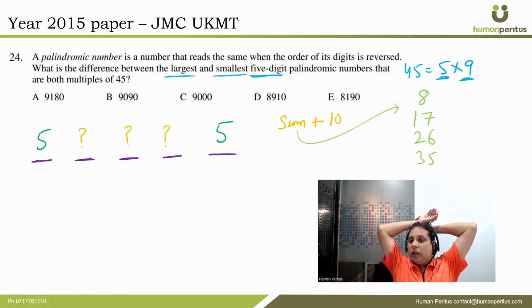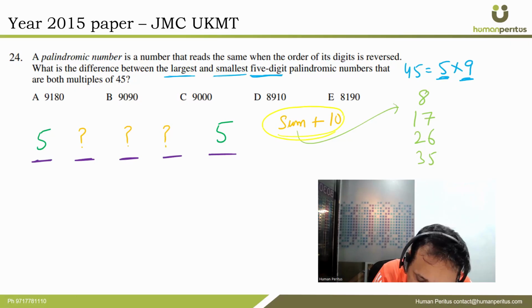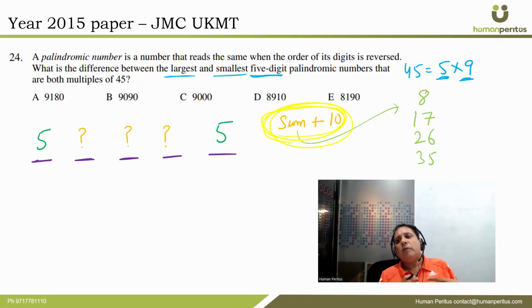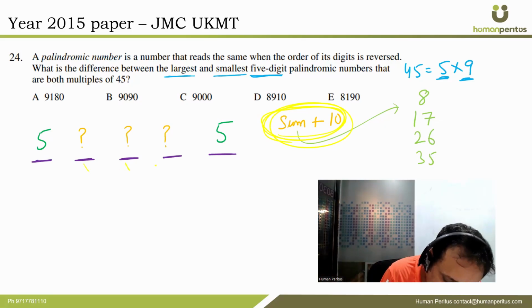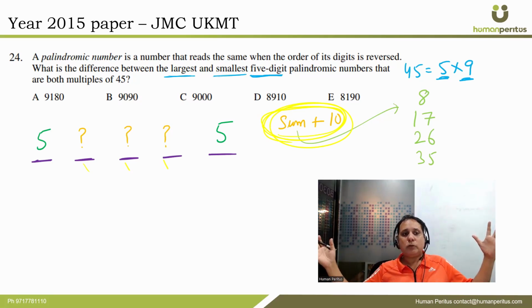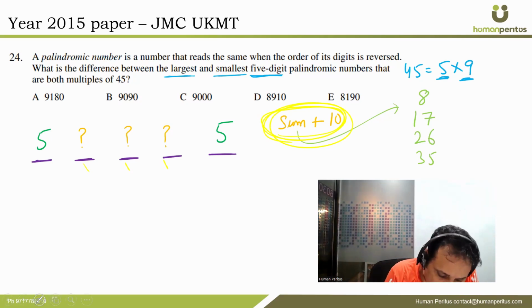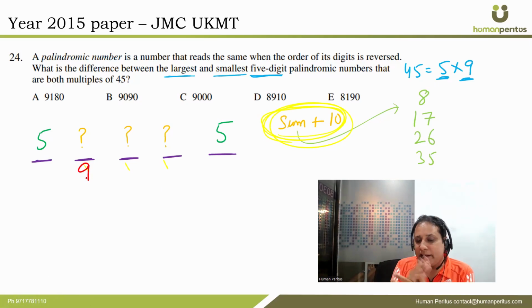Only then will the total sum become divisible by 9, and therefore the entire number will be divisible by 9. So the sum of these three digits can be 8, 17, 26 and 35. Now we are trying to create a large number, guys. How do we create a large number? A large number will be created when this is 9, the highest single digit.